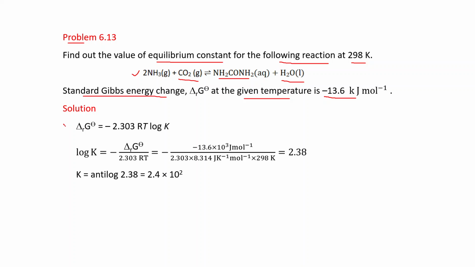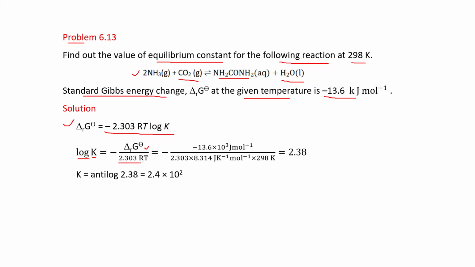Now use this formula: delta G standard is equal to minus 2.303 RT log K. We have to find the value of K, so I rearrange this equation: log K is equal to minus delta G standard divided by 2.303 RT.